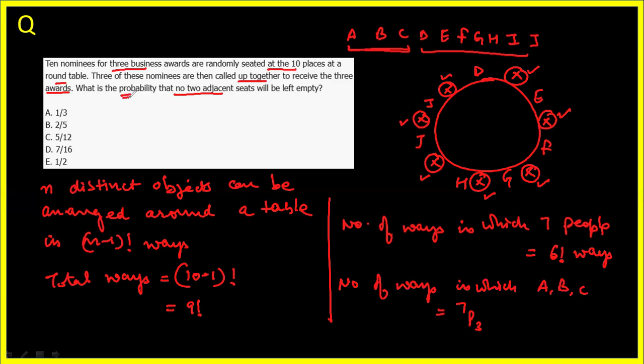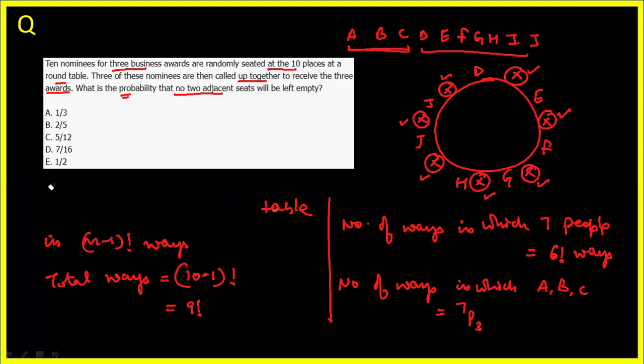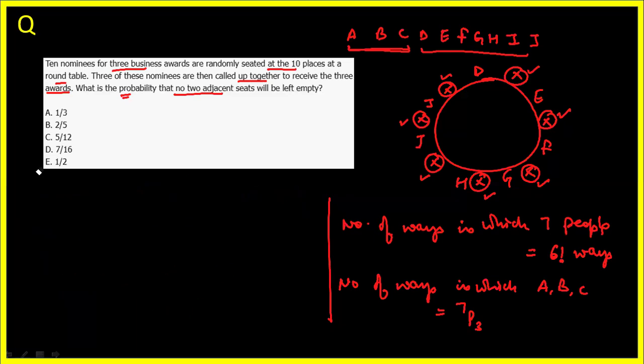Coming to the question now. Probability is favorable number of outcomes over total outcomes. What is the required probability? None of these three nominees who got the award should be seated together.